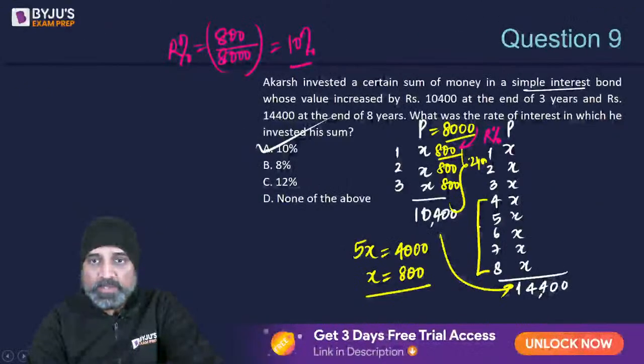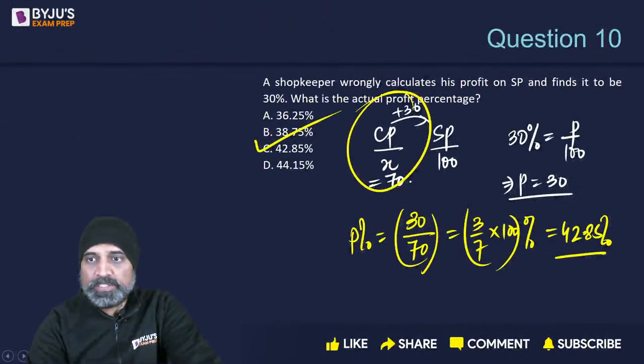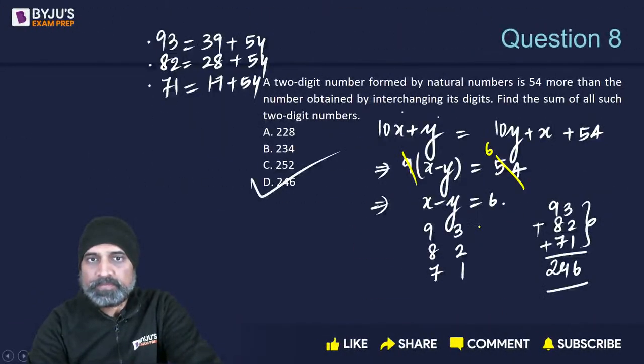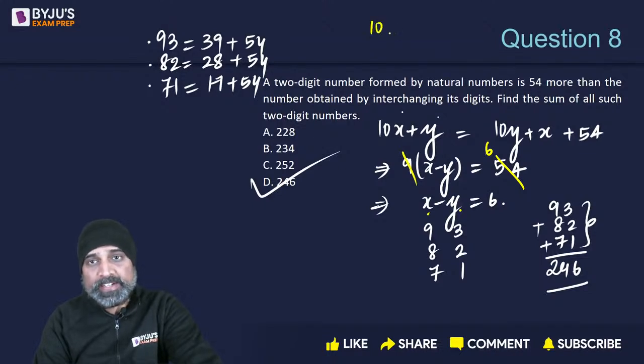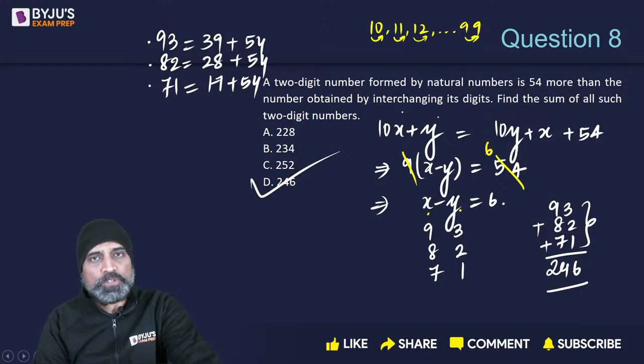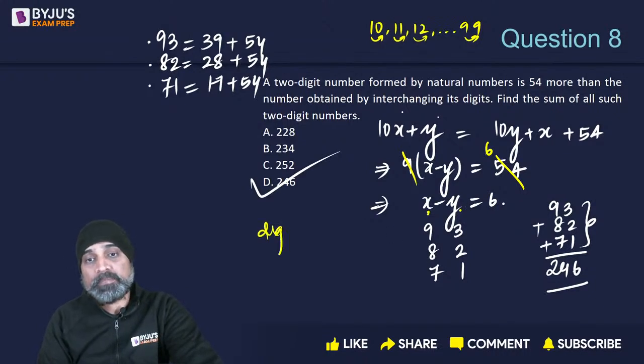And in case you are asking about this particular 9, x and y are digits, right? Whichever 2-digit number you write, 10, 11, 12, and so on up to 99, the tens digit and units digit, their difference, you can see. Difference means you subtract. 1 minus 0 is 1, 1 minus 1 is 0, 9 minus 9 is 0. So we need one digit minus another digit to be 6. Now what are digits in maths?